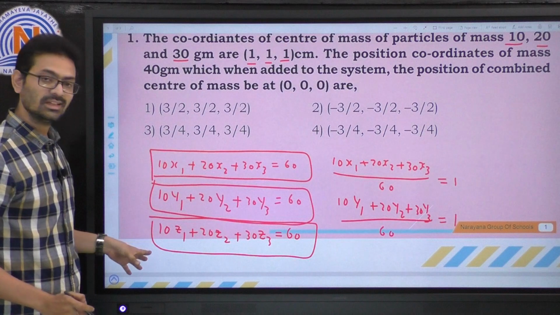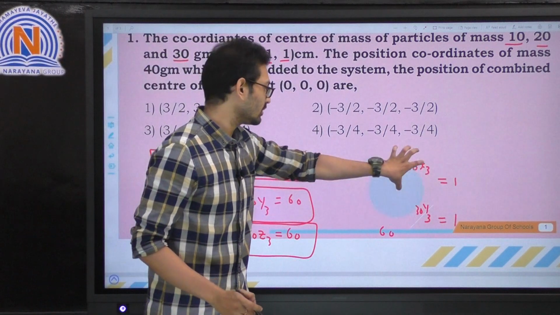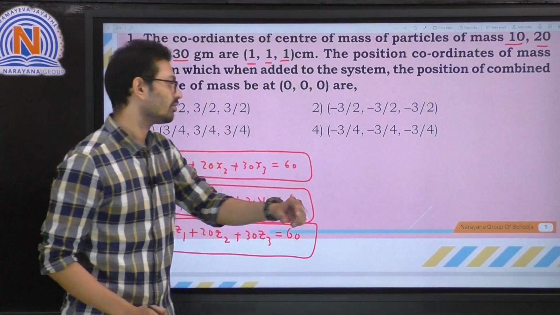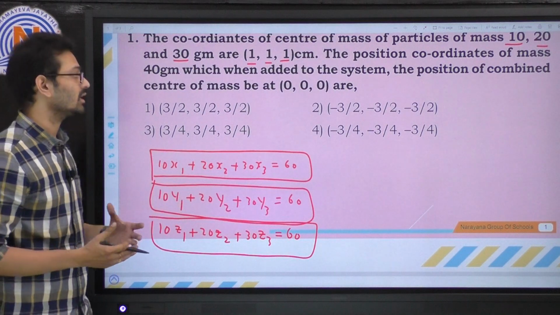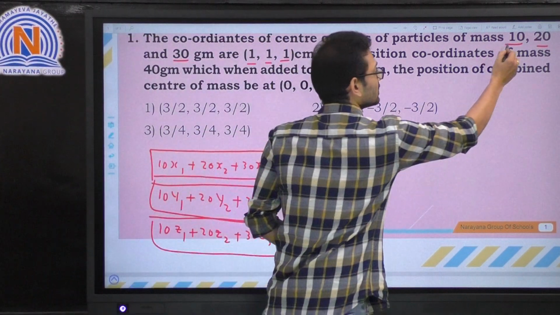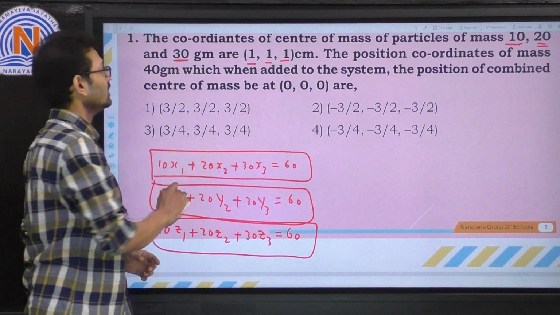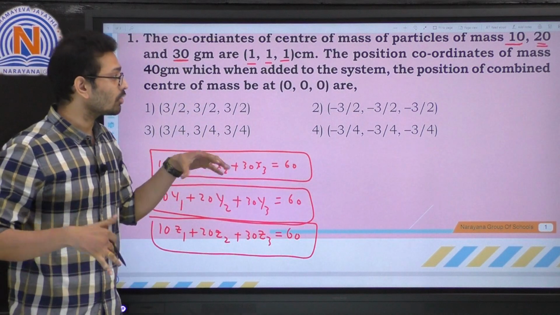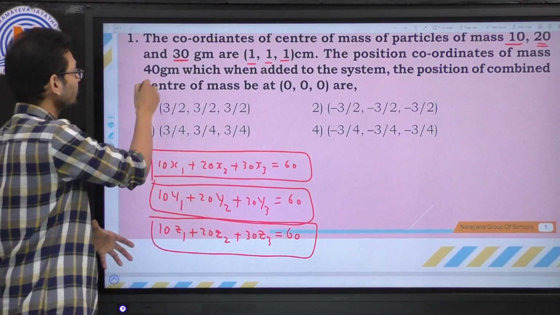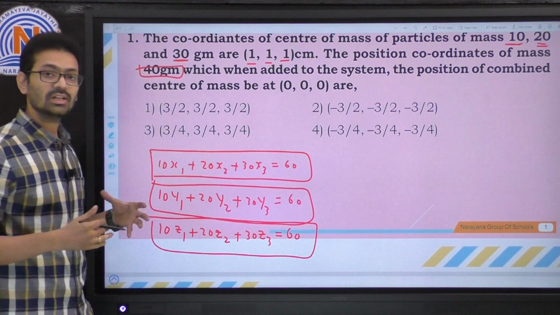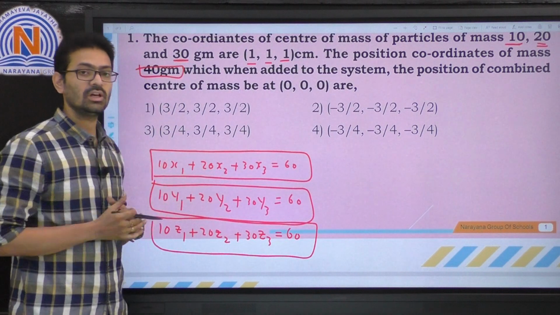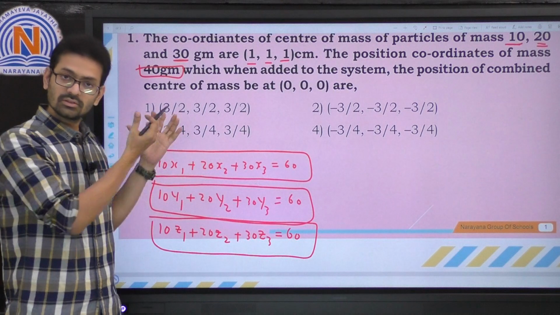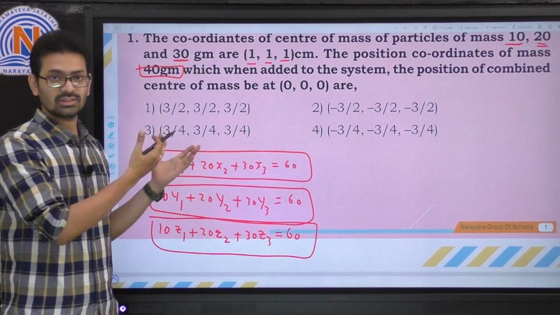Now when you have these, you can substitute them. When you have three masses, 10, 20 and 30, you get that value. But what happens if you add 40 grams of mass to your system?